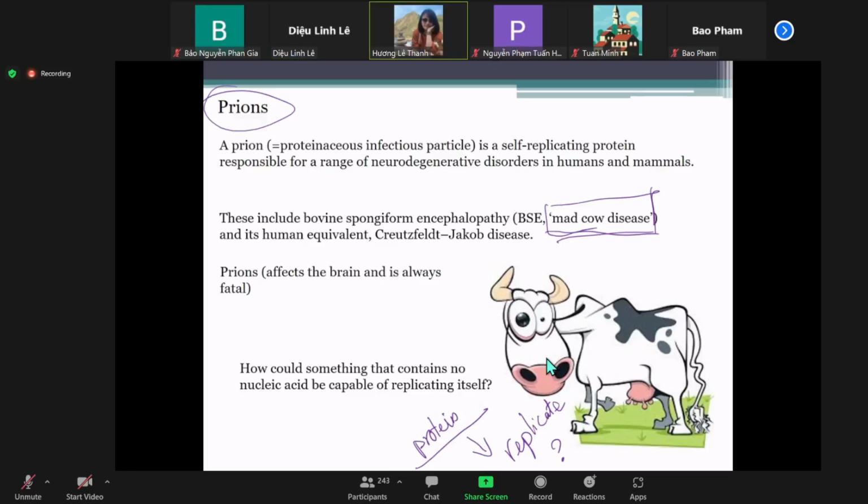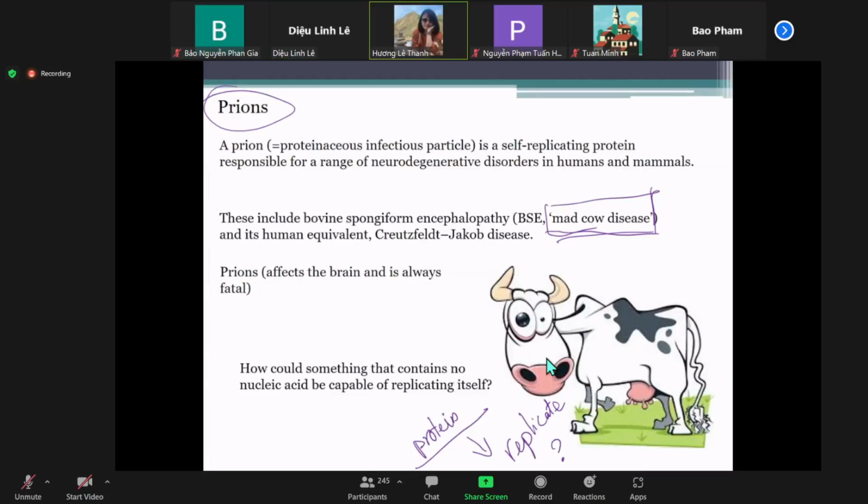An abnormal protein. It can be an enzyme. They may not be enzymes, but they can catalyze the process that turns a normal protein into an abnormal protein.